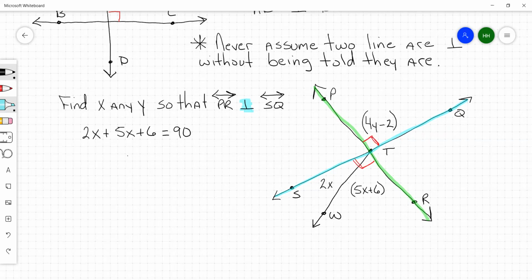So that's how we can solve for x. So if we combine like terms, we get 7x plus 6 equals 90. Subtract 6. So 7x equals 84. Divide by 7. And x equals 12.